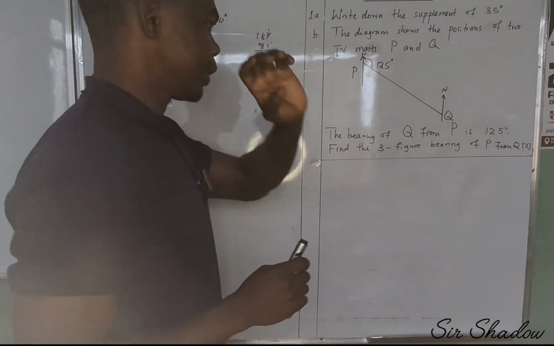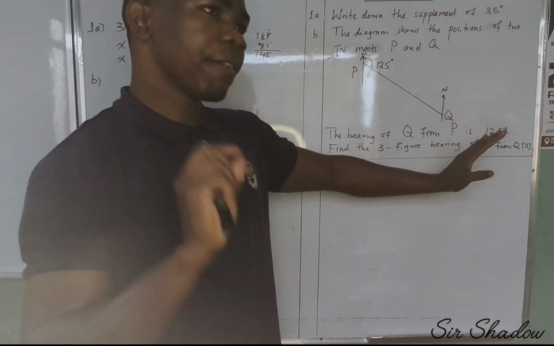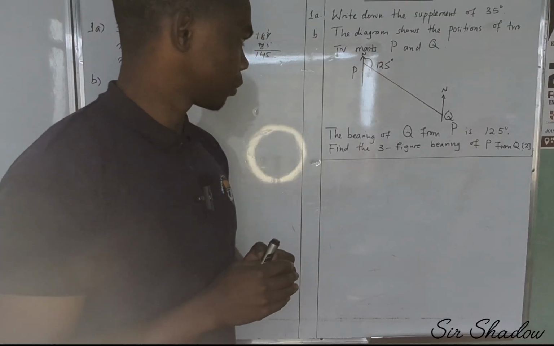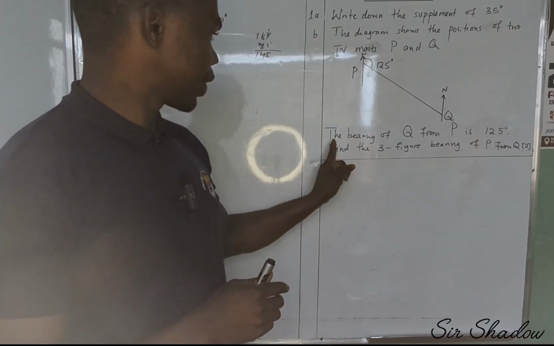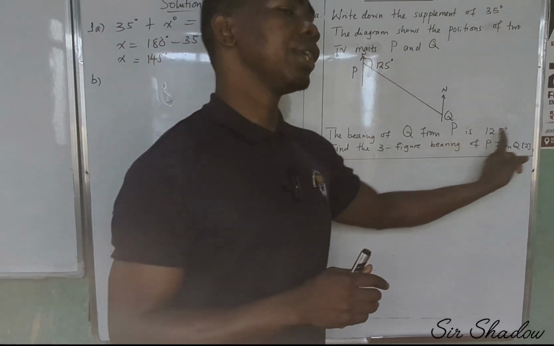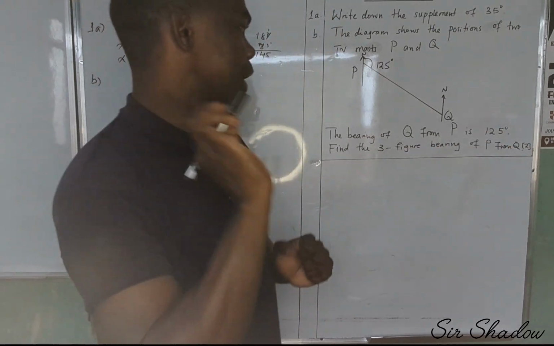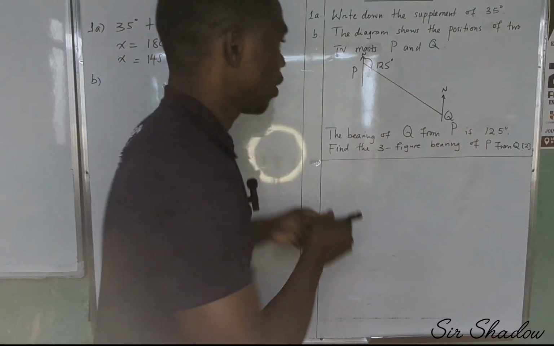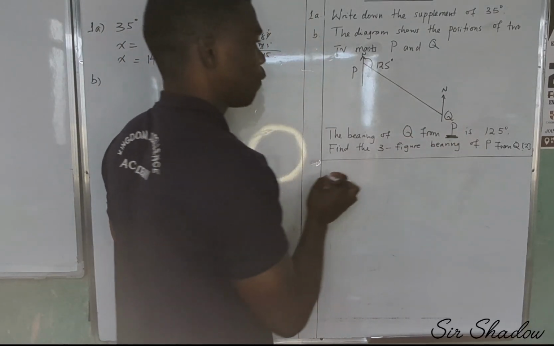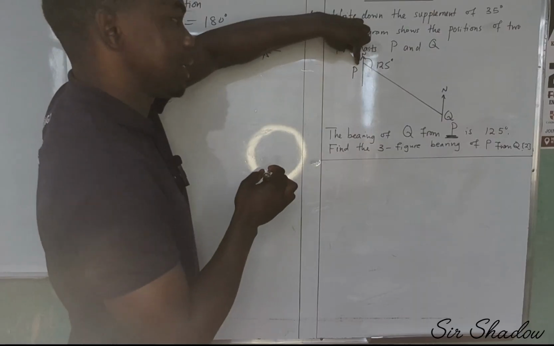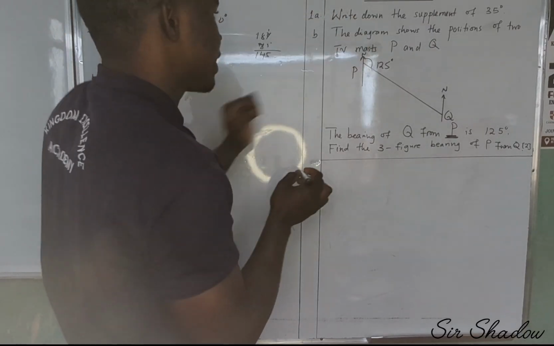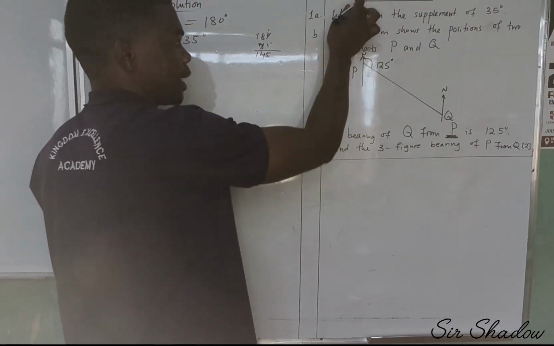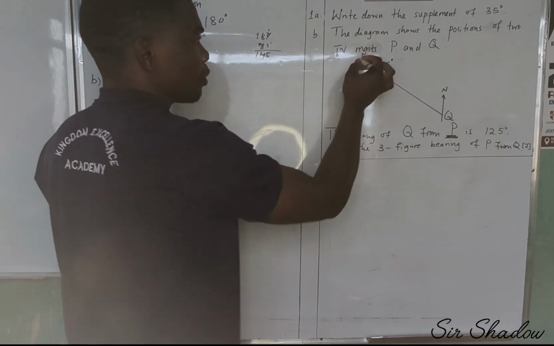What's more important is that whenever you are asked to find a certain angle through bearing, check this: the bearing of Q from P is 125. You go to where it says from. The bearing of Q from P, we go to P. P is here. From P, you draw the north line, facing north.